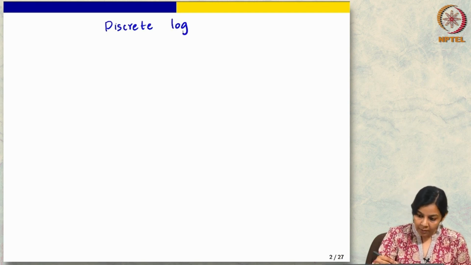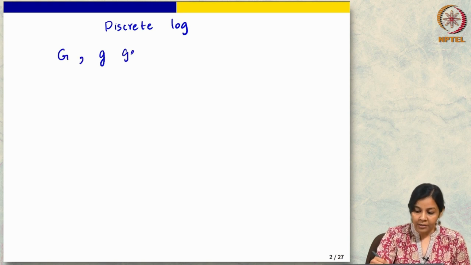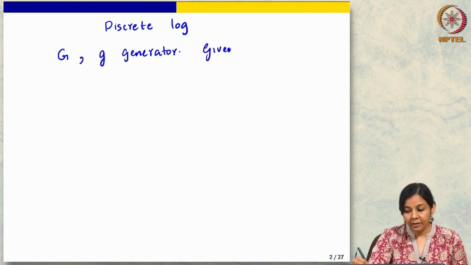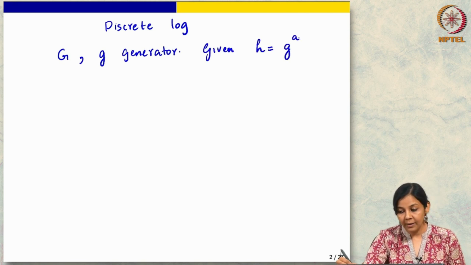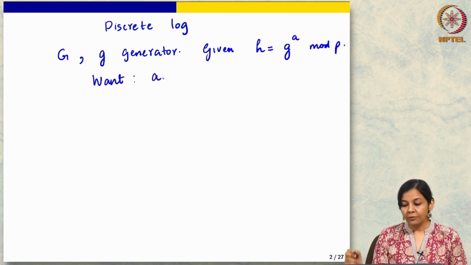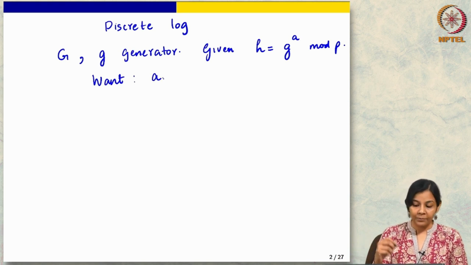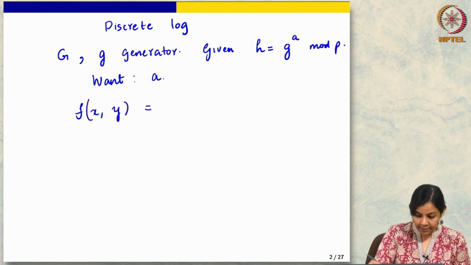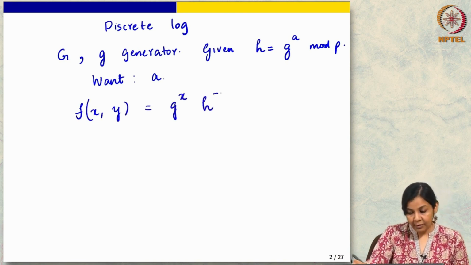Okay, so recall the discrete log problem. You are given a group G, capital G, and small g is a generator in this group. And we are given some h which is g to the a mod p. And what we want is to find a. So, in order to use the period finding problem to capture this problem, what we could do is define f of x y as g to the x h to the minus y.